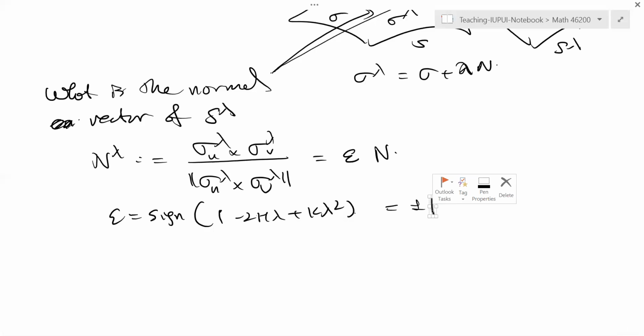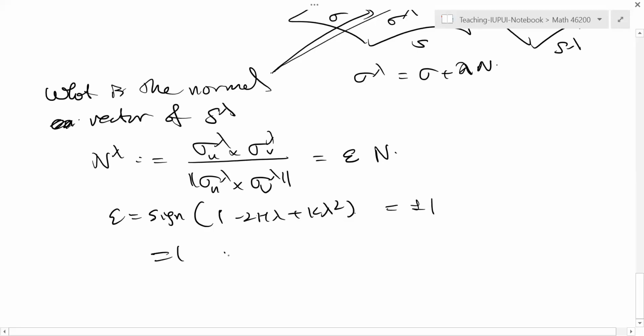It's possible that when lambda is small, this is always 1, because the 1 term dominates the rest of them, right? So this must equal 1 if lambda is small. Otherwise, it could be negative 1. All right.